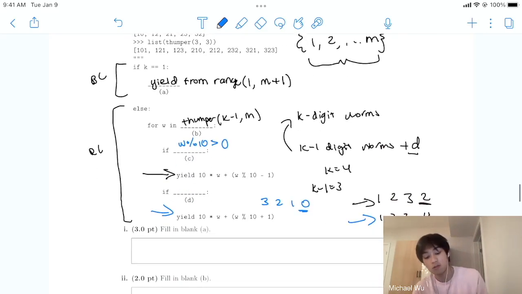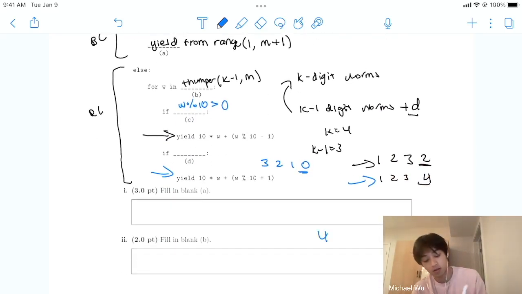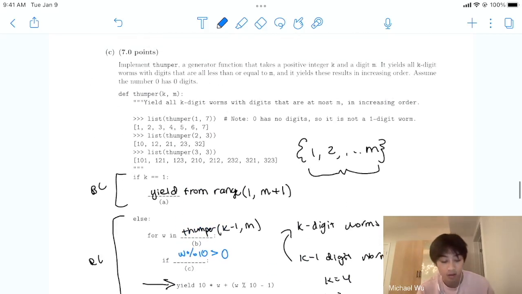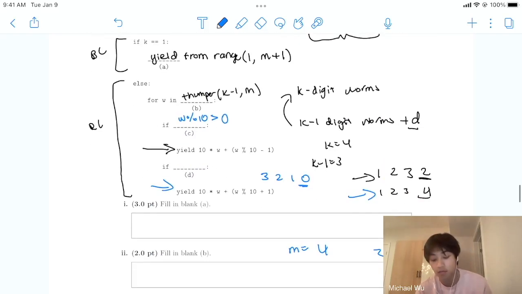So if m was 4, and you had some 3-digit worm that looks like 2, 3, 4, we know that you can't have a worm that has a digit 5, so adding on this digit 5 would not be allowed.